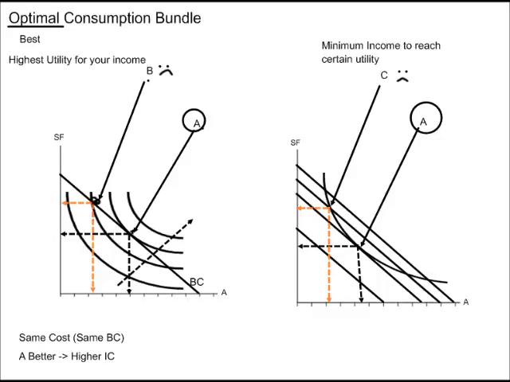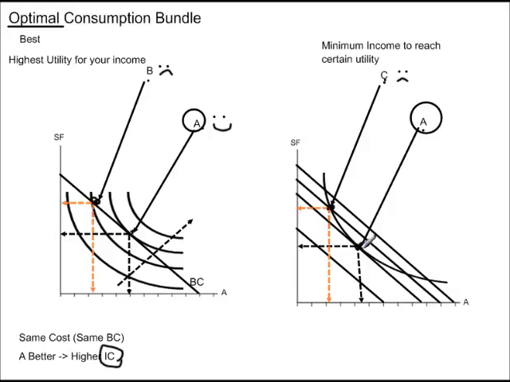Whereas, what do we know about A and C on the right here? We can consider A and C. A combination of apples and star fruit produce a certain amount of happiness for a different cost, and C also produces a certain amount of happiness for a certain cost, or it takes a certain amount of income to get there.